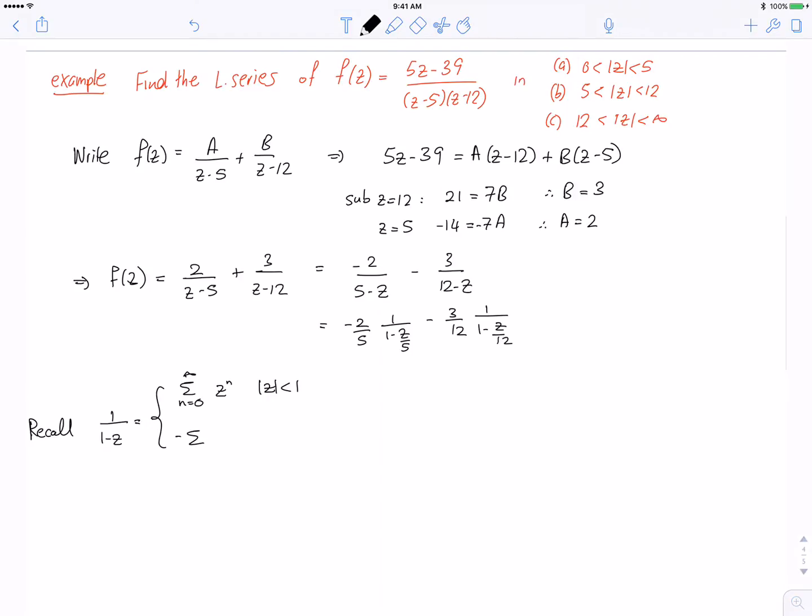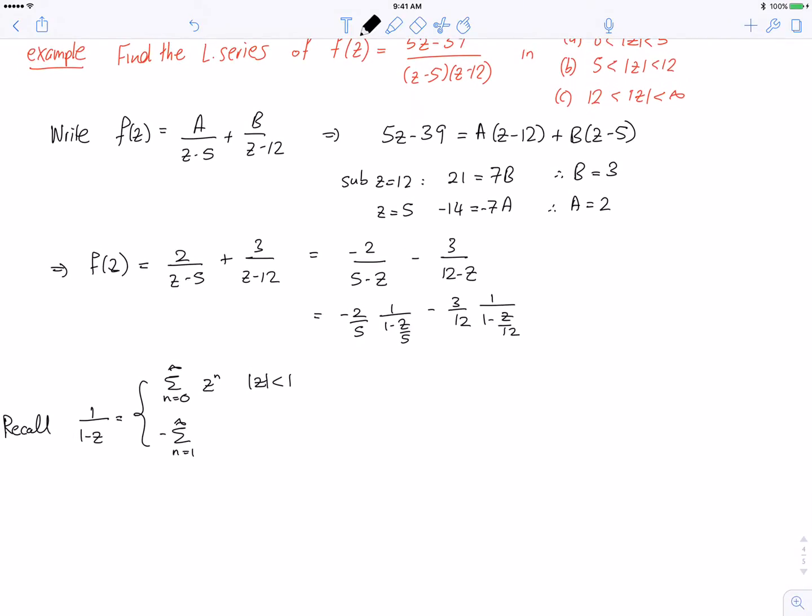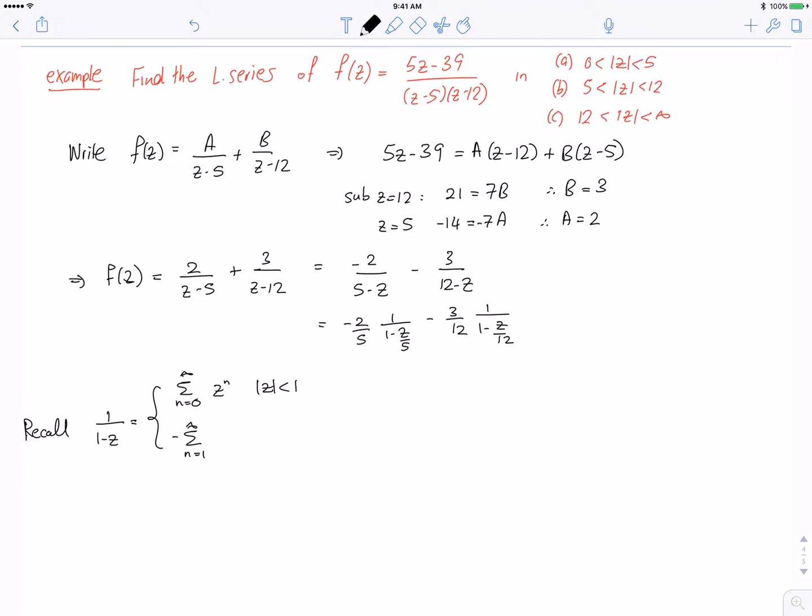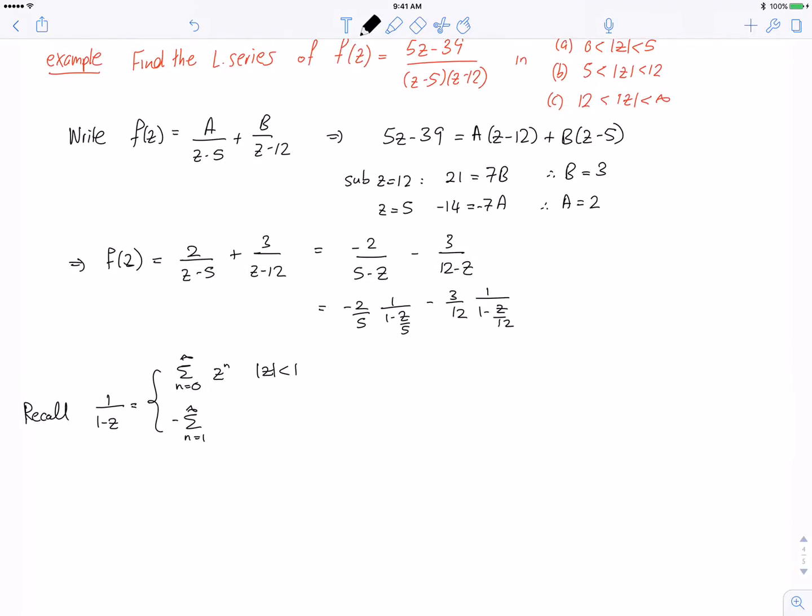Or you can write it as minus the sum from n equals 1 to infinity of 1 over z to the power of n. And remember, that's if modulus of z is greater than 1.